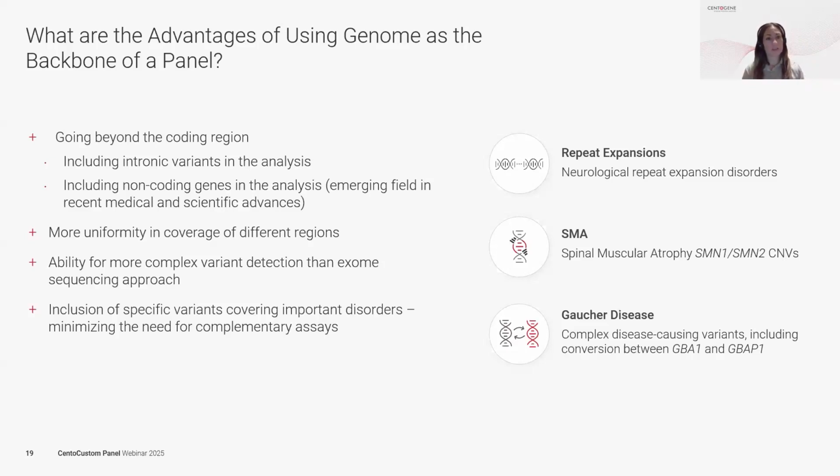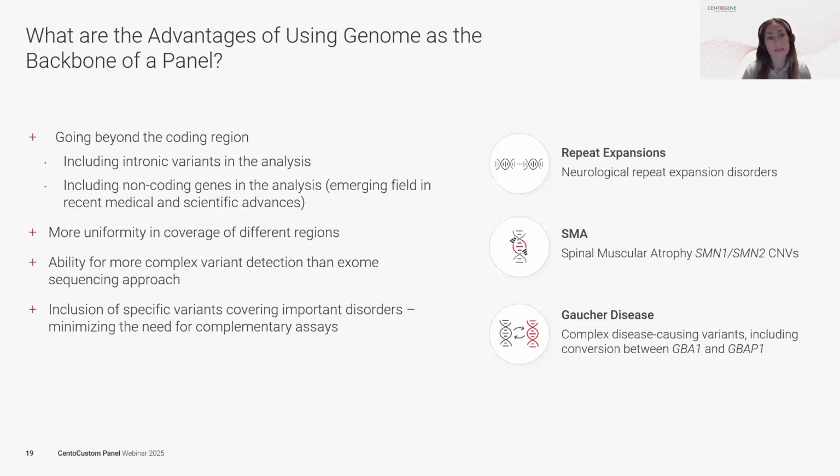It also means that with genome sequencing, we can have more uniformity in the coverage of different regions. And also, we are enabling the ability to detect more complex variants. And of course, our genome sequencing also includes specific algorithms that can detect variants that are associated with important disorders.